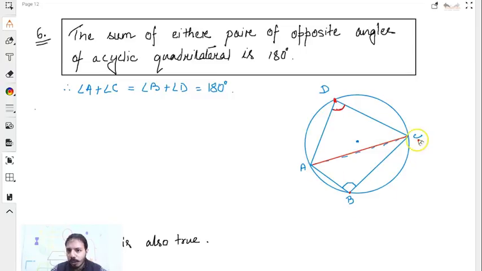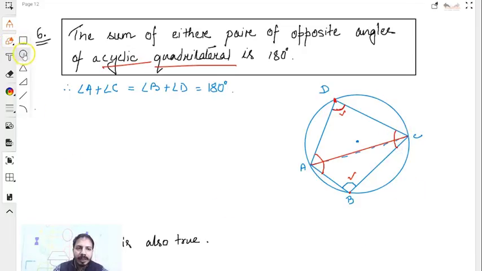Now you can see this is a quadrilateral, and this type of quadrilateral is known as a cyclic quadrilateral. The property of this cyclic quadrilateral is that the sum of this angle and this angle will be 180. Similarly, the sum of this angle and this angle will be 180.